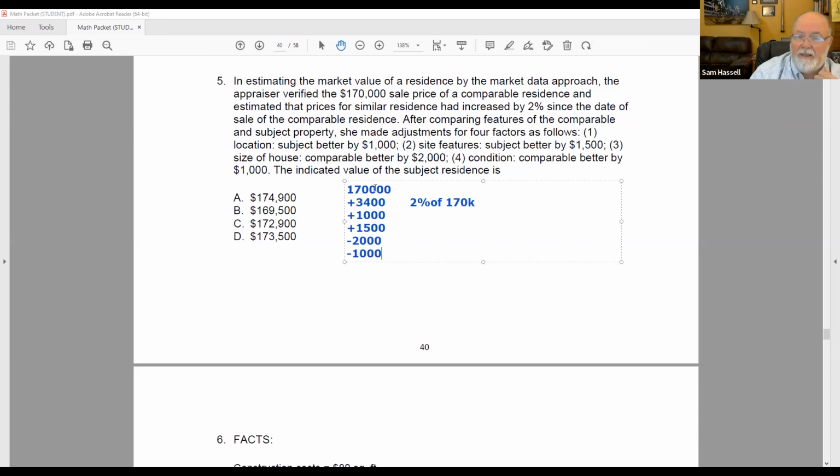So we're going to make all these adjustments, pluses and minuses. The net's going to be 2,900. So this is going to be 172,900. All right, so the answer is C, 172,900. So if we're better than the comp, we have to bump up the comp. If we're worse than the comp, we have to lower the comp.